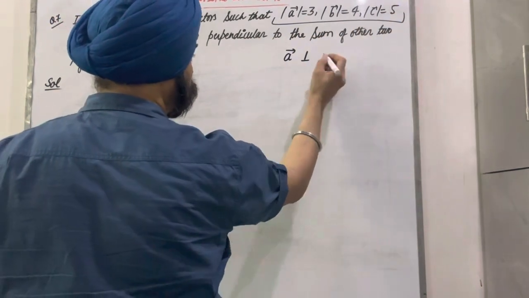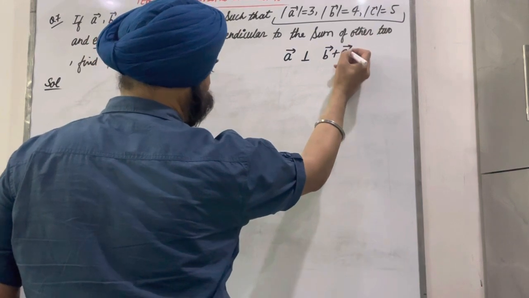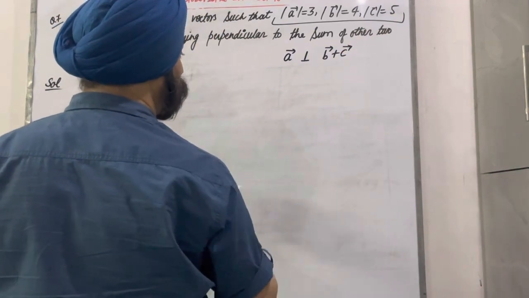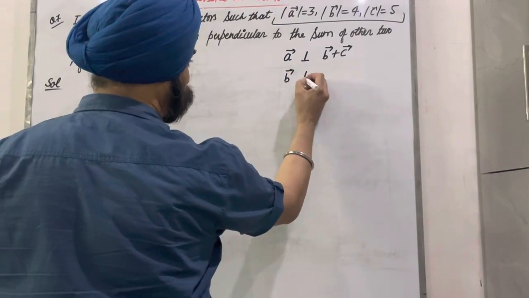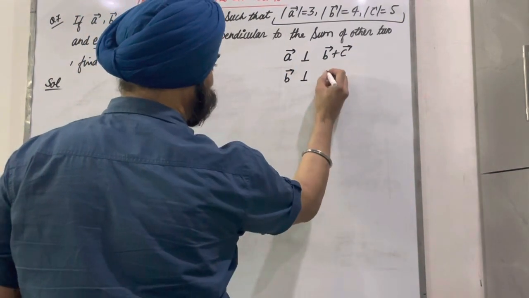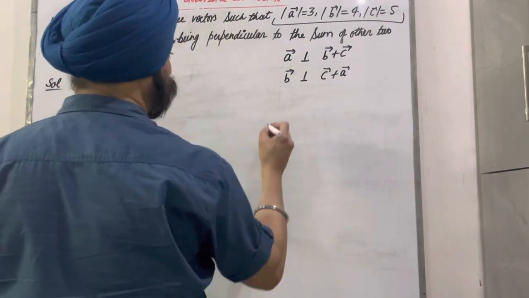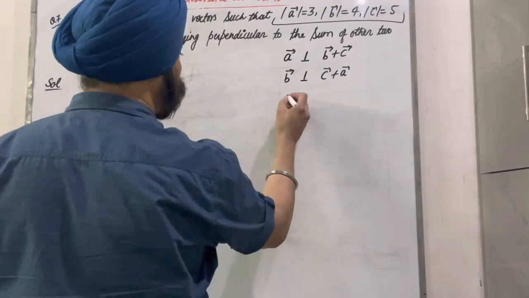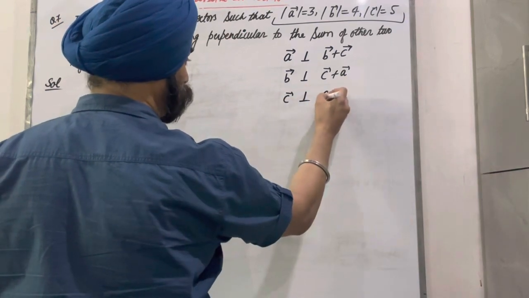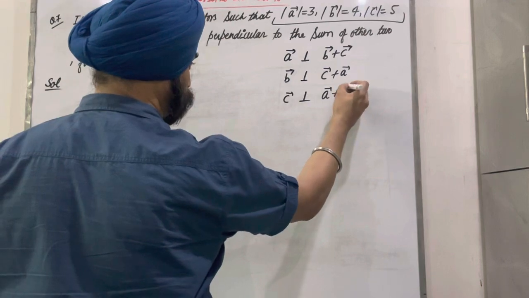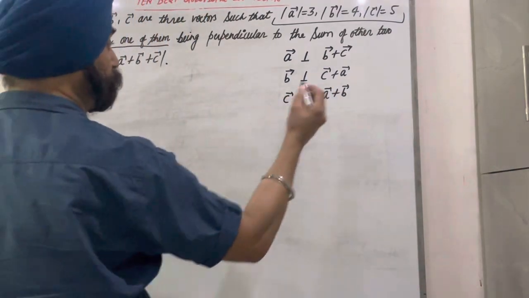So A is perpendicular to the sum of B and C. Likewise, if I take into consideration vector B, it is perpendicular to sum of other two. Other two means vector C plus vector A. And likewise, if I take C into consideration, C is perpendicular to the sum of other two. That means it's sum of vector A and vector B. So this information is with us.